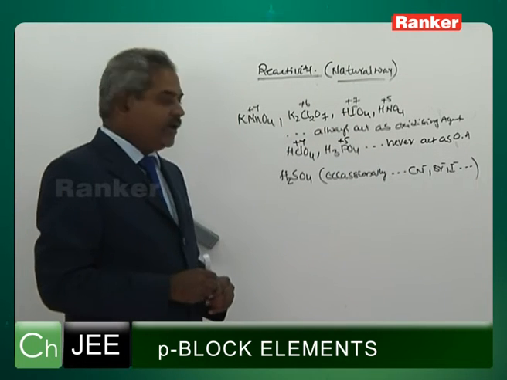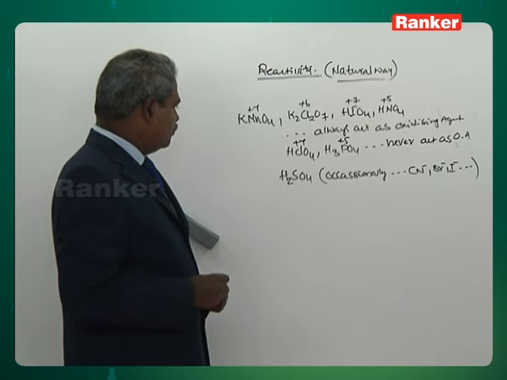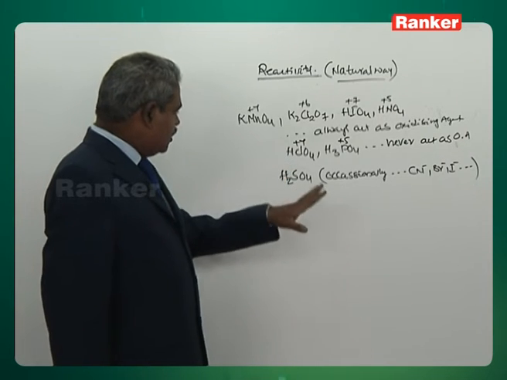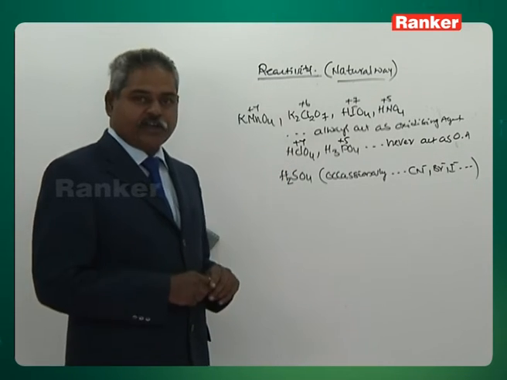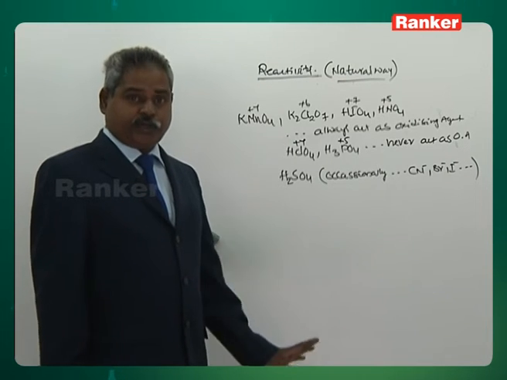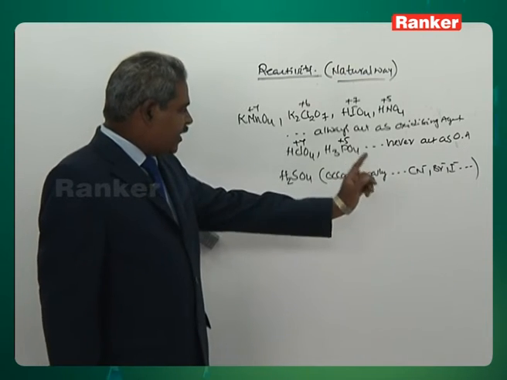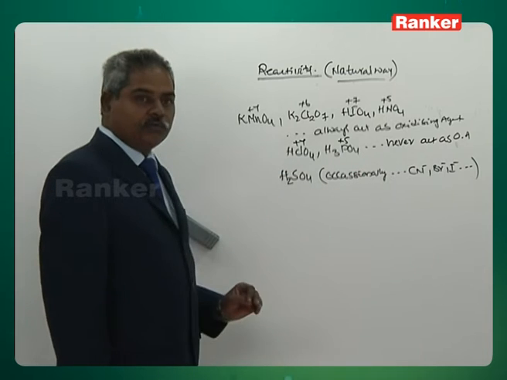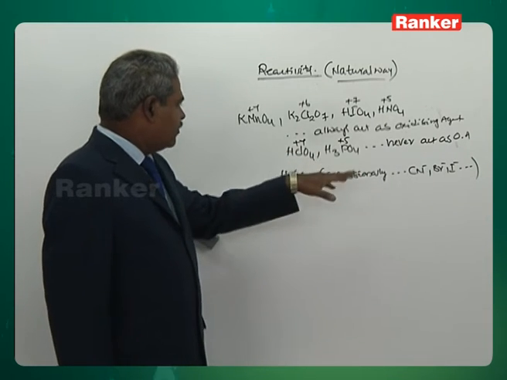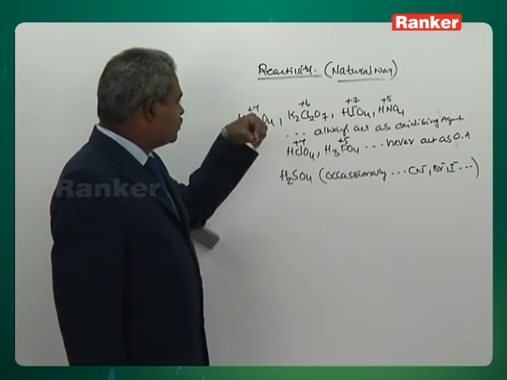Cyanide, bromide, iodide, yes. H2SO4, though in its maximum oxidation state. So, most of the time H2SO4 behaves like a spectator, in the sense it doesn't do anything. It remains there itself most of the time. But with cyanide, bromide, iodide, it will come down. It will take electrons. These two will not take electrons from anyone. These two will take electrons from anyone.